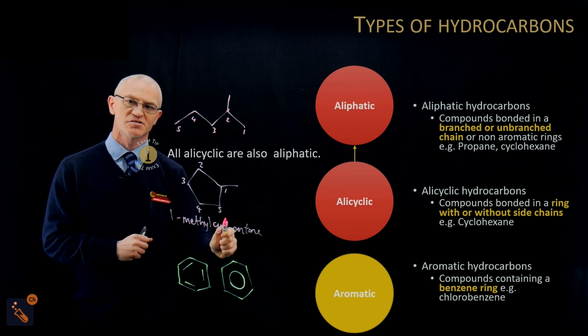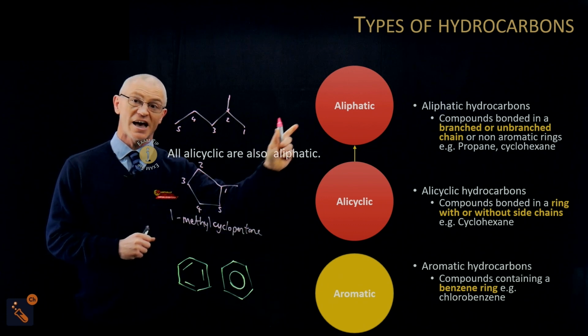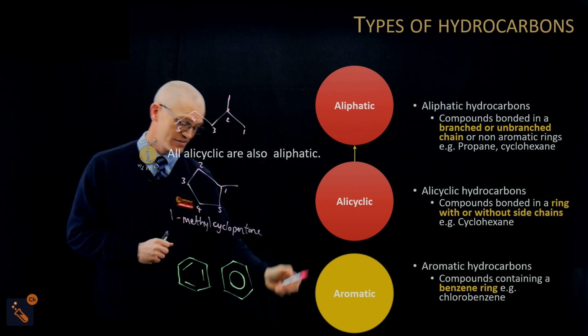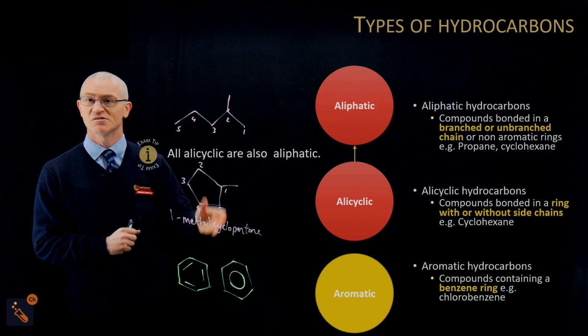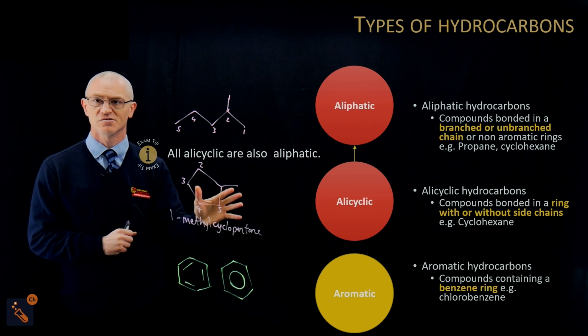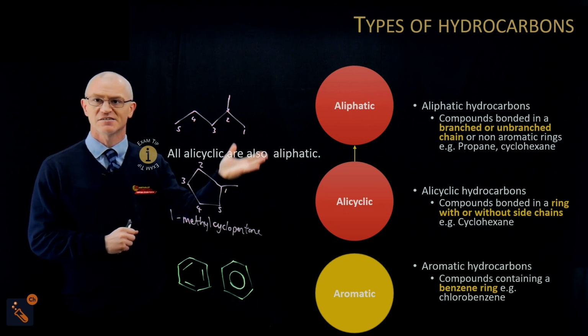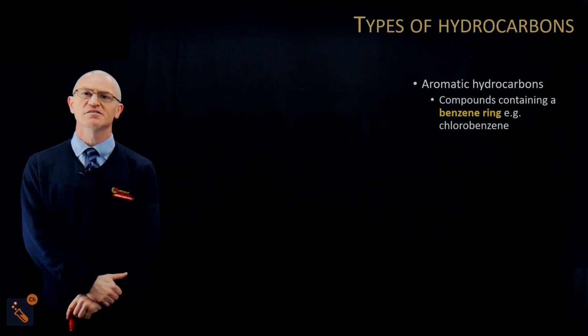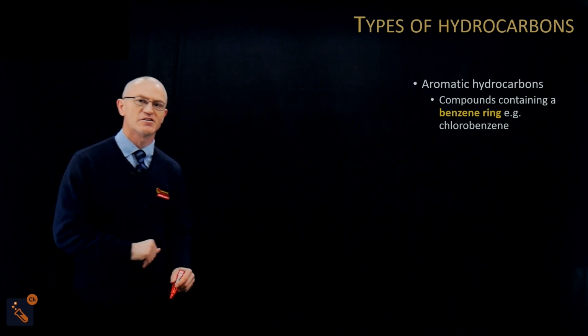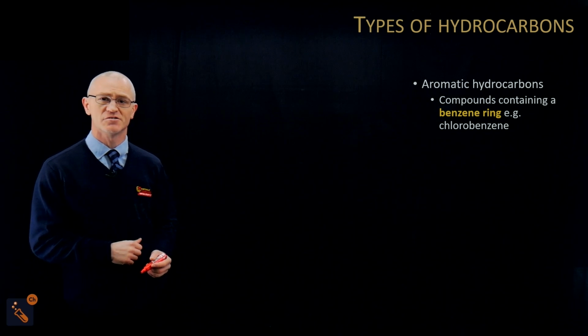We've got 1 methyl cyclopentane, which is aliphatic and alicyclic. Okay, so really important that you understand the distinction between those 3 and the fact that these alicyclic are all aliphatic. Our last example is to do with aromatic hydrocarbons and recognizing an aromatic hydrocarbon.